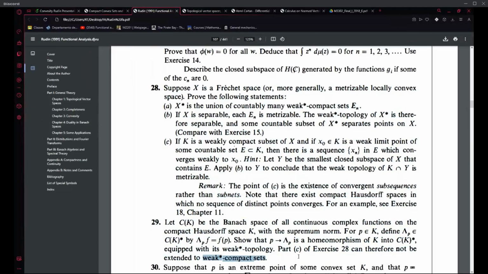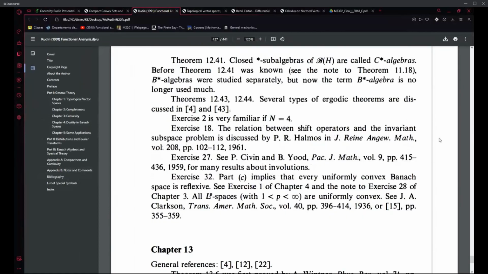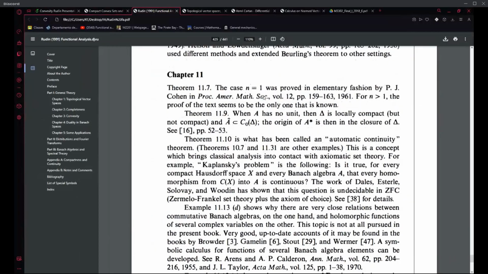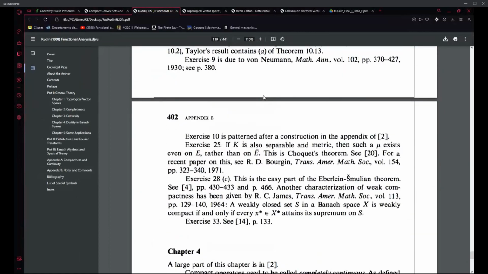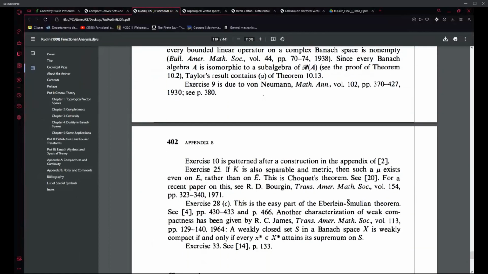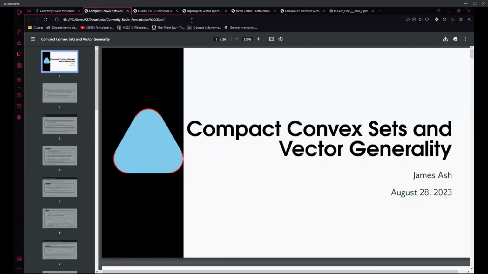I think it's pretty interesting because it gives you a tool for working with weak spaces. I'll send it in chat: the Eberlein-Smulian theorem. It relates convergence of nets to sequences, essentially. It relates compactness to sequences. And that would be it.